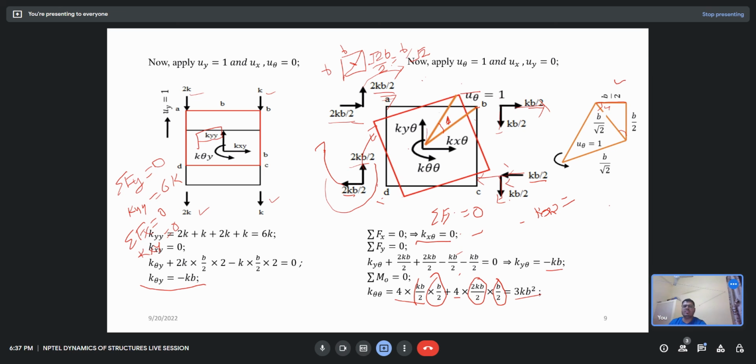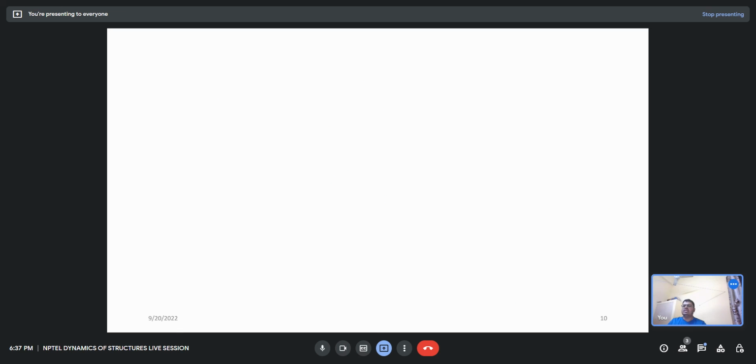Okay, so this is my k theta theta. Now I will summarize these forces, kxx, kyy, k theta x and all these components, in matrix form. Is there any doubt?